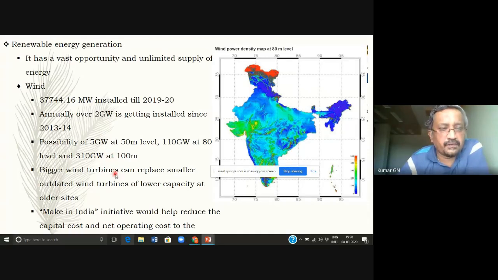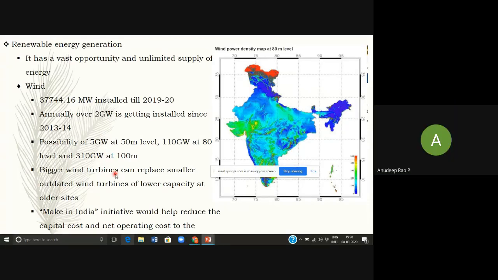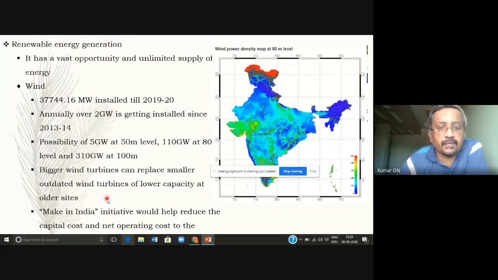This is information I've taken from the government of India, which introduced some methods, that is the Make in India concept and Skill India. When we utilize the Make in India concept, we can develop wind turbines indigenously, and the initial cost can be reduced.